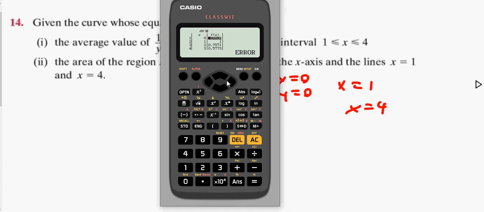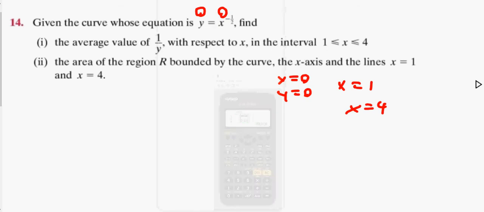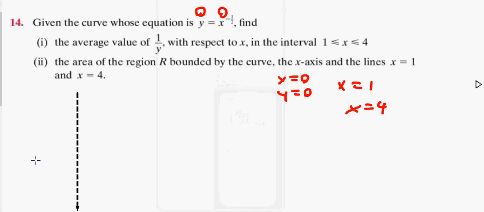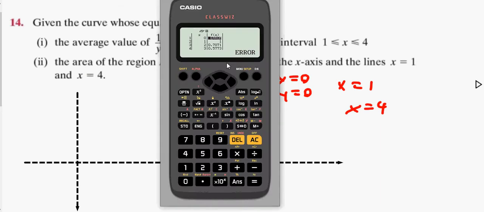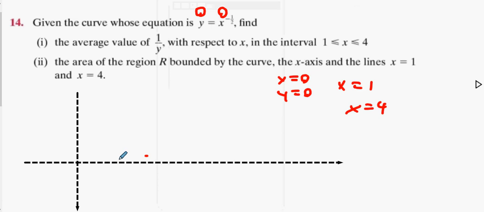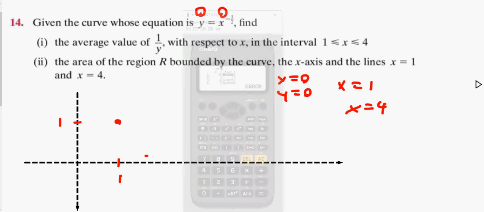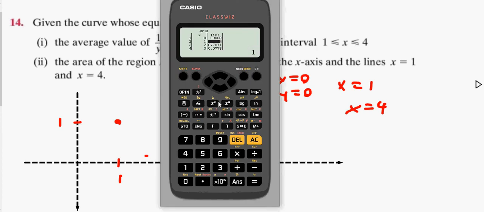Now, at 0, it says error. What does that mean? Does it ever cross the x-axis? It never hits 0, does it? Nope. So let's keep going. Let's have a look at the other points. 1, 1. Fair enough. What's after that? 2 and 0.7.